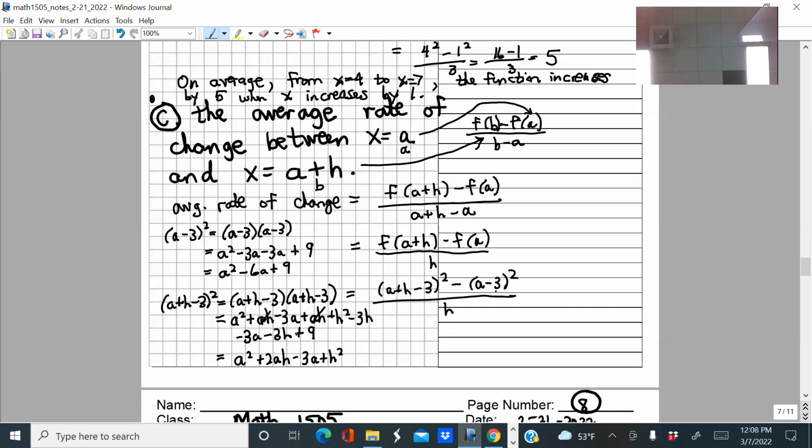So minus 3a plus h squared, and then this minus 3h and this minus 3h, that's minus 6h, right? And then these two. Oh, so I messed that up, right? This is supposed to be minus 6a, right? And then plus 9? Oh, that's not as bad as I thought.